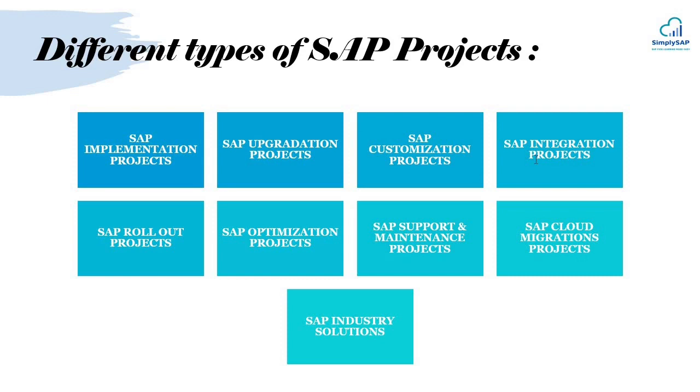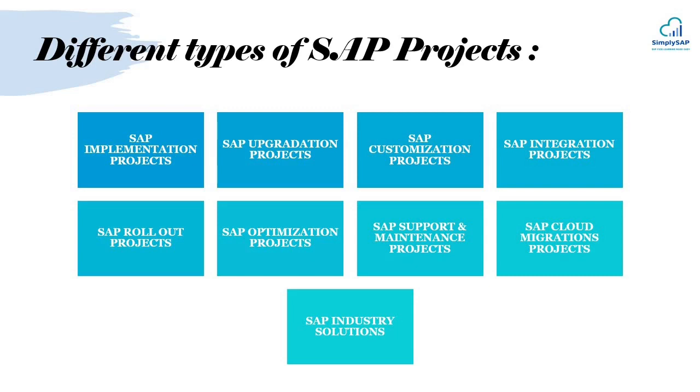Integration projects focus on connecting the SAP system with other applications, such as customer relationship management, that is CRM, supply chain management, SCM, or business intelligence, that is BI systems. The goal is to enable seamless data flow and process integration between different systems.